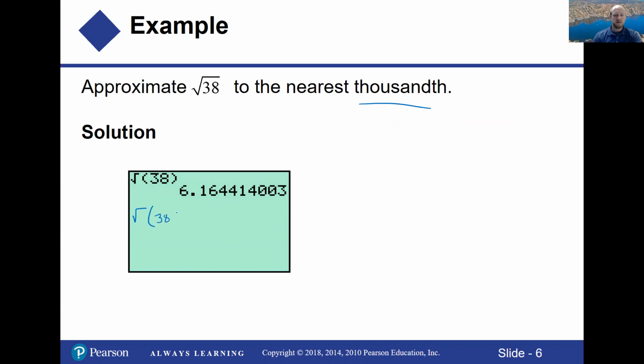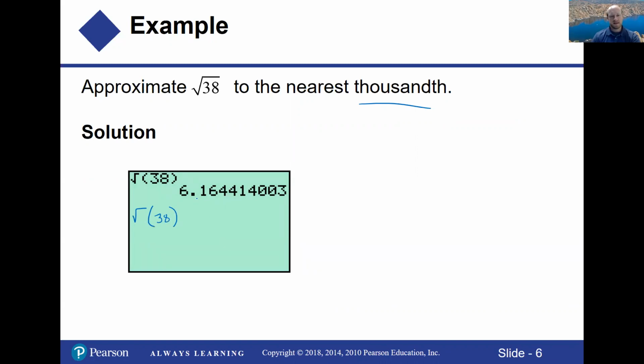And then it's always best practice to close it off like this. You don't need to in this case, but just in case you had other numbers over here, you would need to close this off to tell your calculator that, yeah, I want the square root of 38 under the radical. And then if it did have anything else, like +5, for example, you would have the +5 on the outside after you close that off.